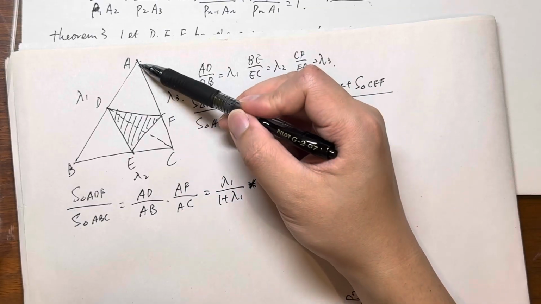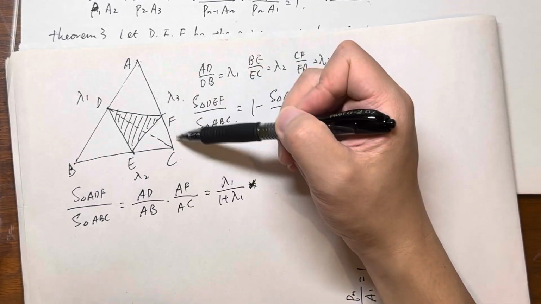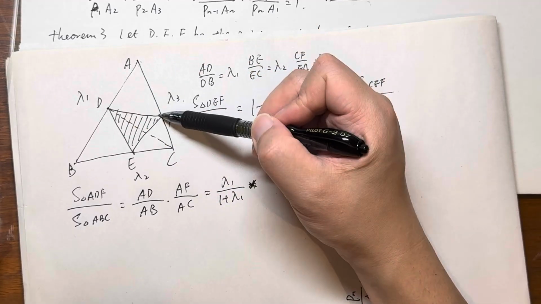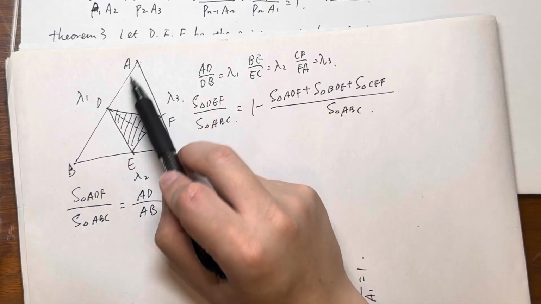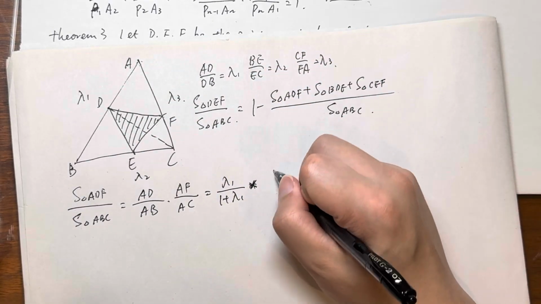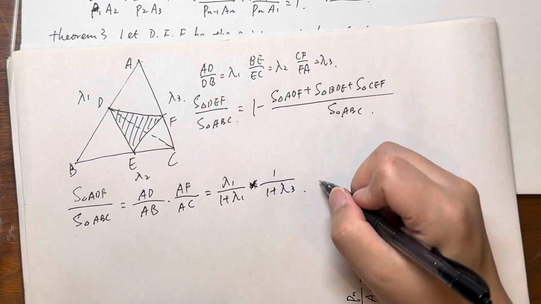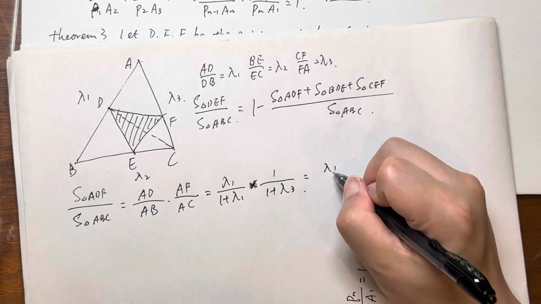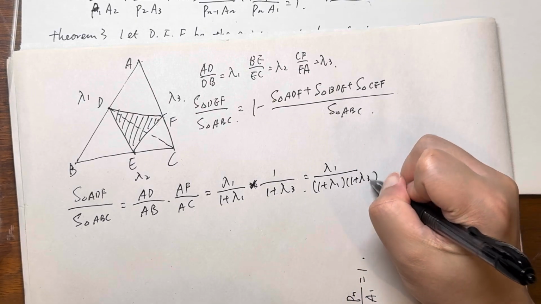AD to AB is the area ratio of this one to this one, and AF to AC is the area ratio of this one to this one, which is 1 to 1 plus lambda 3. So it equals lambda 1 to 1 plus lambda 1, 1 plus lambda 3.